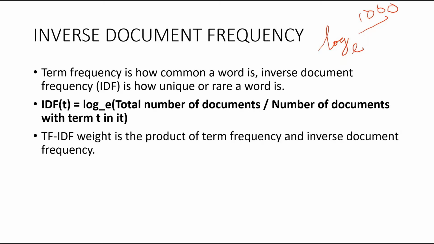The number of documents with term T in it is only 10. So you will take the logarithm of 1000 divided by 10. What is 1000 by 10? It is 100. Right? What is the logarithm of 100? It is 2. So 2 you can take as the inverse document frequency. Inverse document frequency is how unique or rare the word is.